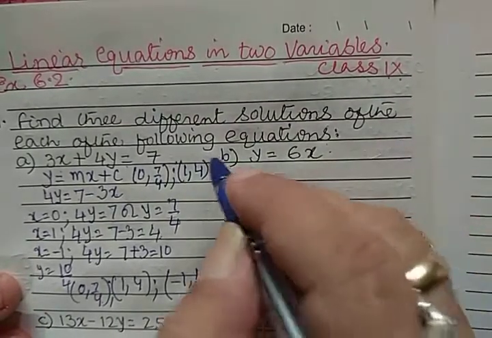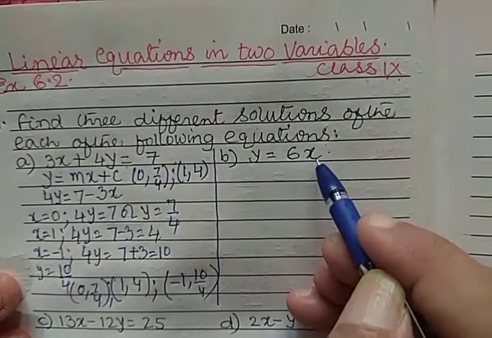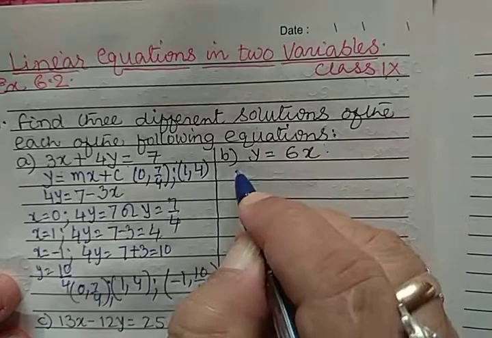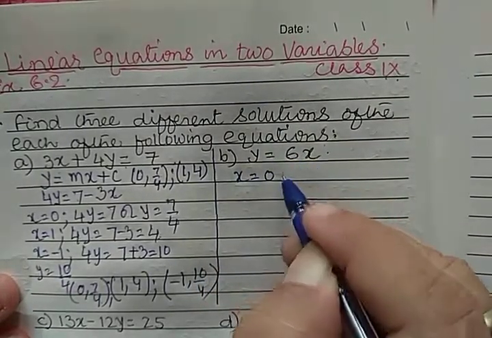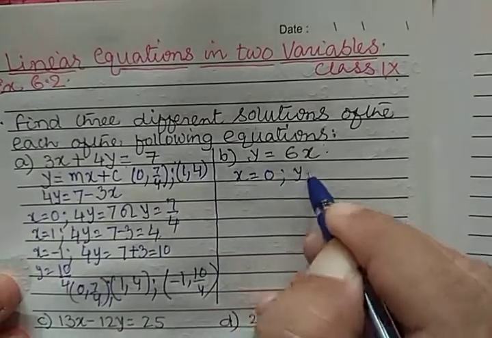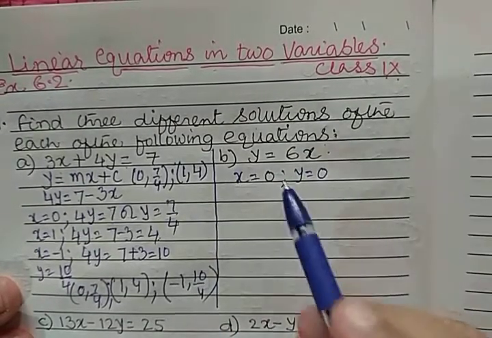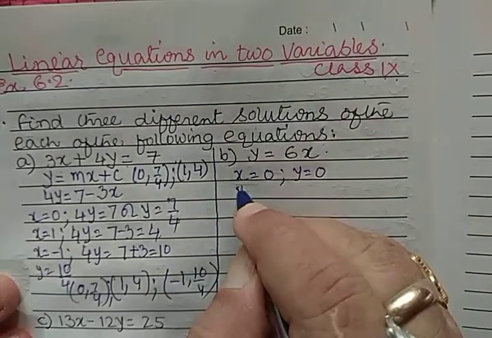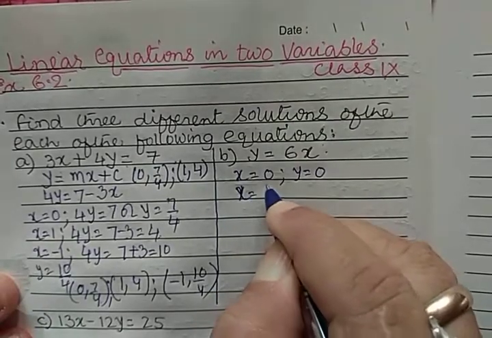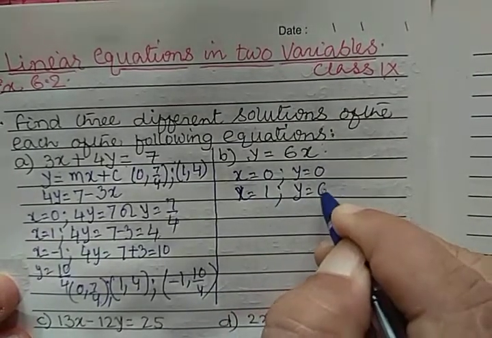Now let us do the second sum. First let us take x is equal to 0. Then your y also becomes 0, because 6 into 0 is 0. Now let us take x is equal to 1. Then y will become 6.